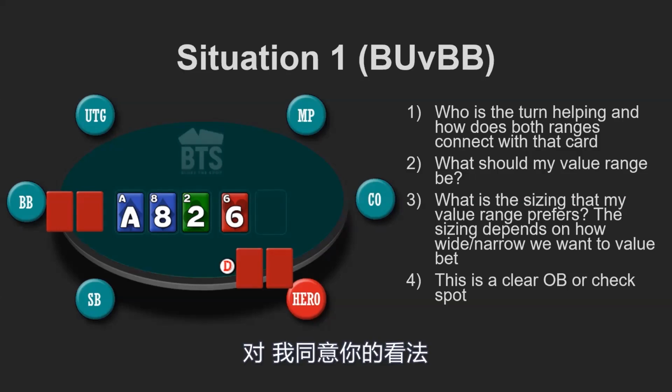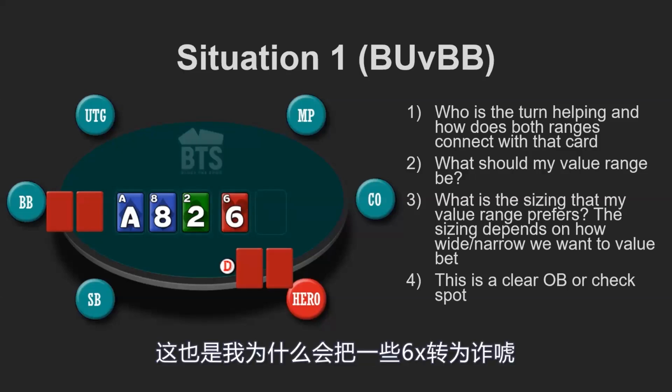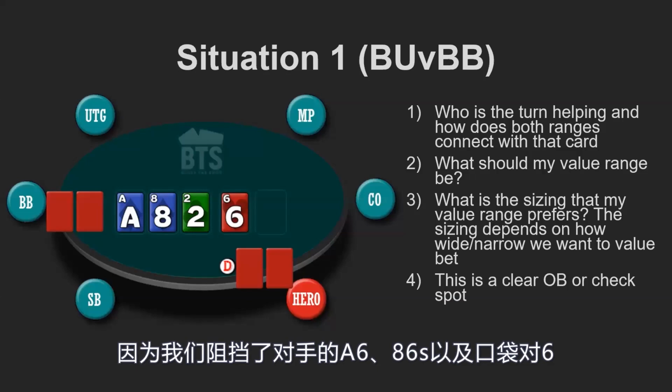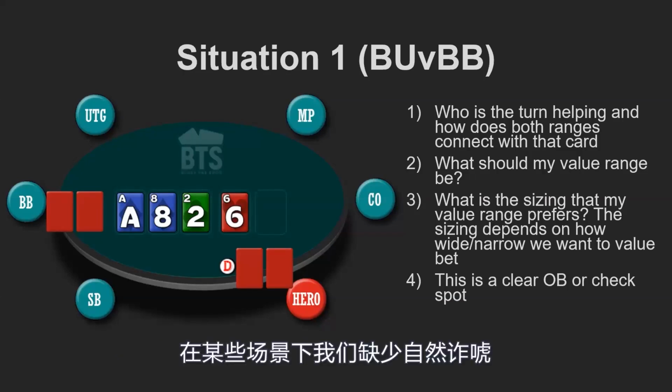Yes, Amar, I agree with you in the sense that some people will check-raise their sets here, that's what I mentioned before. But that's why I also like turning some 6x into a bluff sometimes, because we block ace-6, we block 8-6 suited, and we block pocket sixes that villain should have. So in spots where we lack natural bluffs, turning a hand like deuce X is fine.